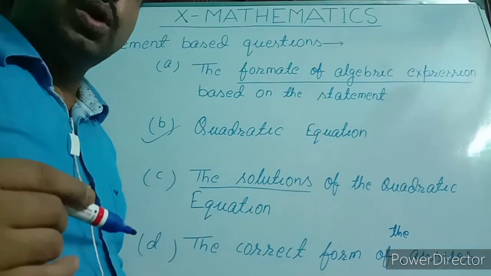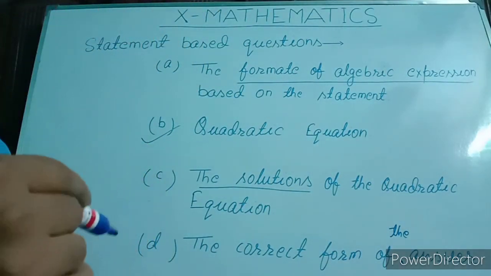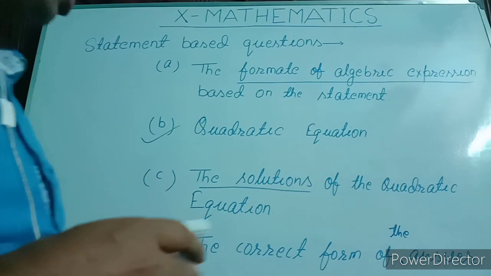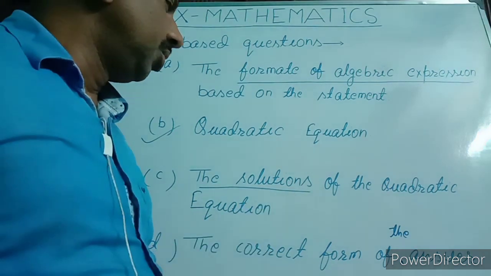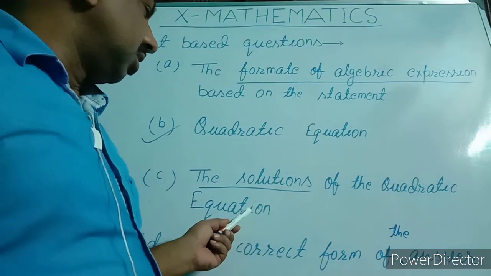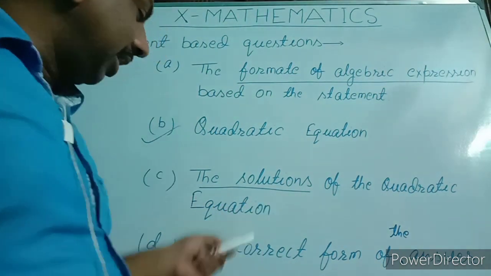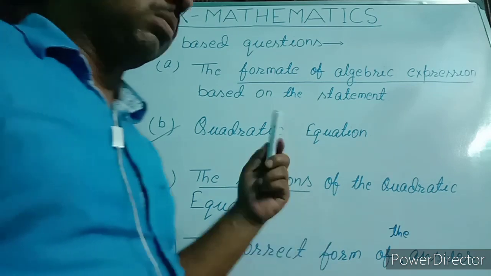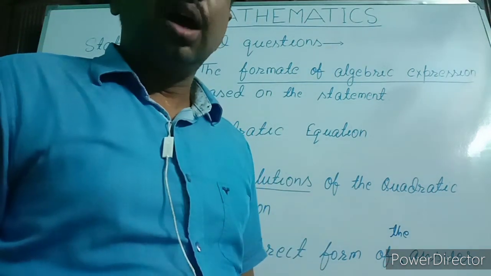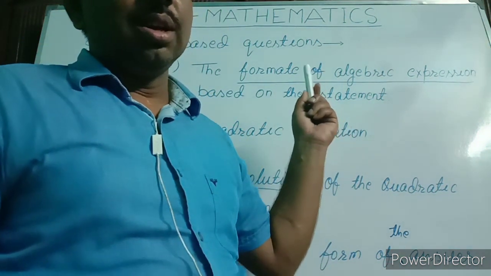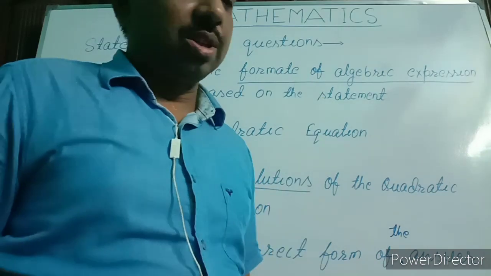We solve quadratic equations based on three processes. Always the solution of a quadratic equation will give you two values of x, and then we have to write the correct form of the answer. What should be the answer? What was asked in the statement.